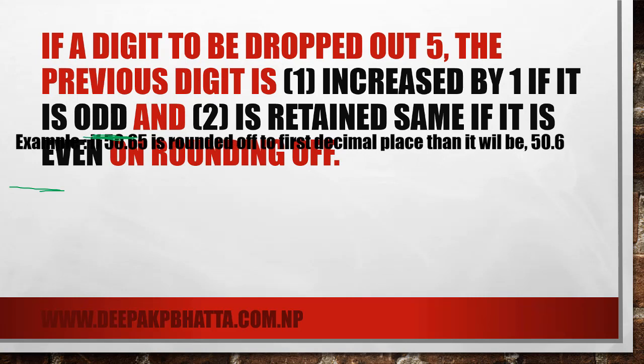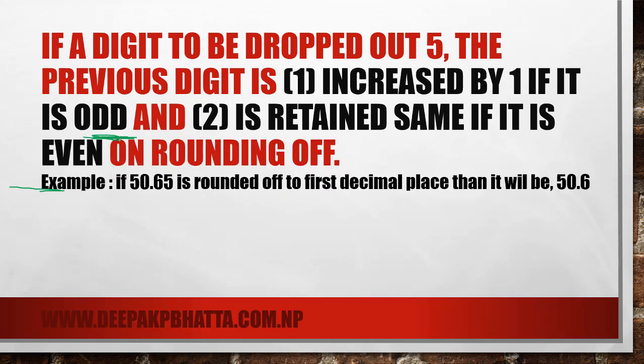For example, if we have 50.65, the digit to be dropped is 5, so we have to look at this 6. This 6 is an even number. That's why, if we have an even number, we retain it as it is. That's why the answer is 50.6.